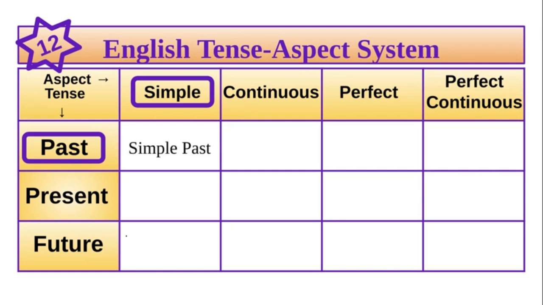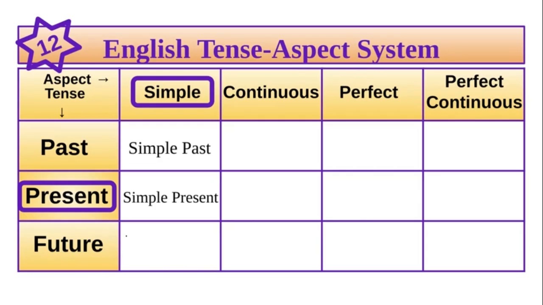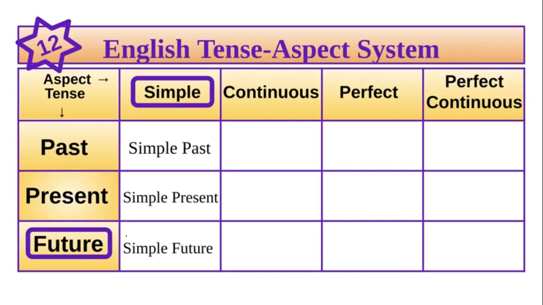Here's our first: simple past. Next, simple present. Our third in this column, simple future. That is the simple aspect.